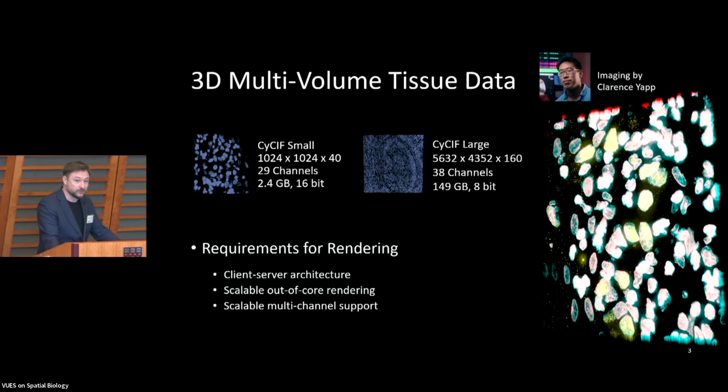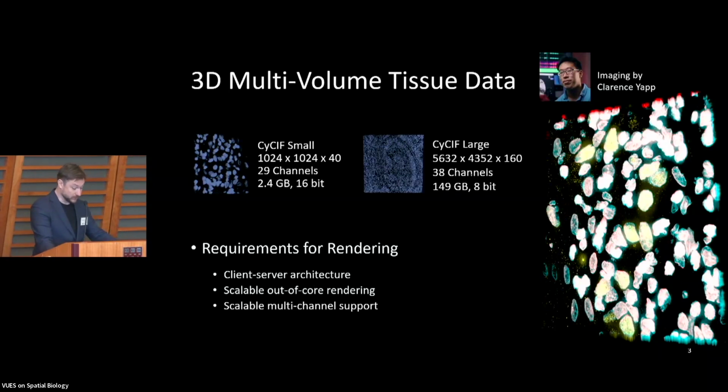So when you think about rendering such imaging data, of course, there are some requirements. First of all, you don't want to have that data locally stored on your hard drive. So we want a client-server architecture where the data is on the server and then loaded to the client on demand. And the approach should be scalable, right? Scalable in two ways.